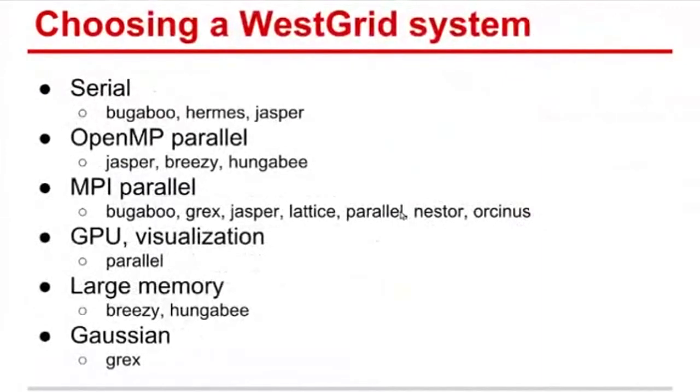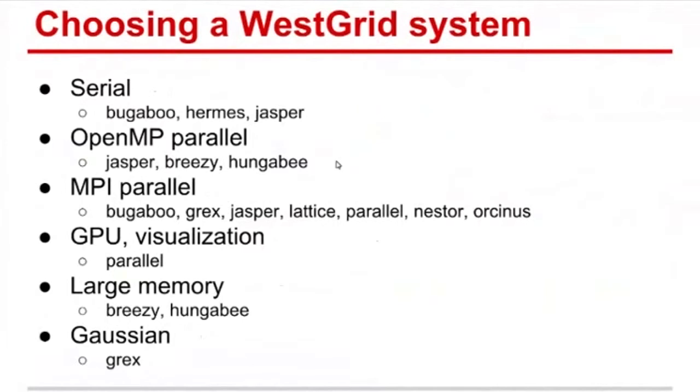So the first step you need to do is choose which WestGrid system you want to work on. There are certain sites which are specialized for certain types of jobs. For serial jobs, you can run on Bugaboo, Hermes, Jasper.